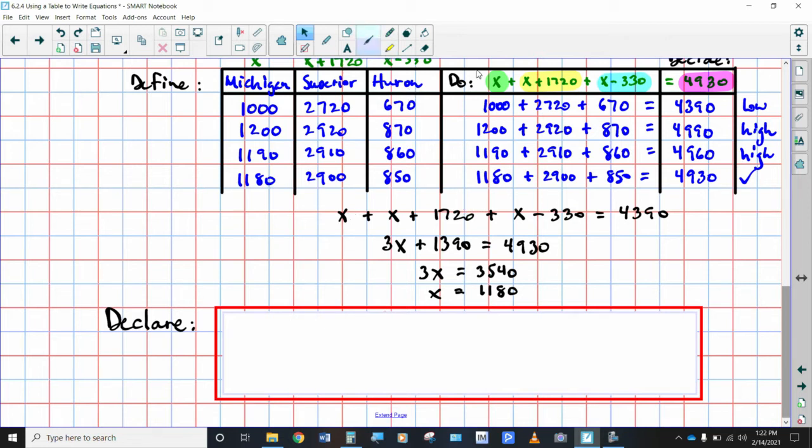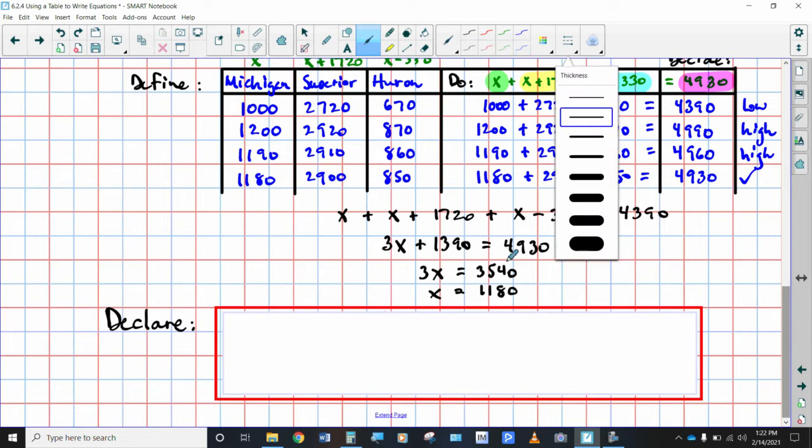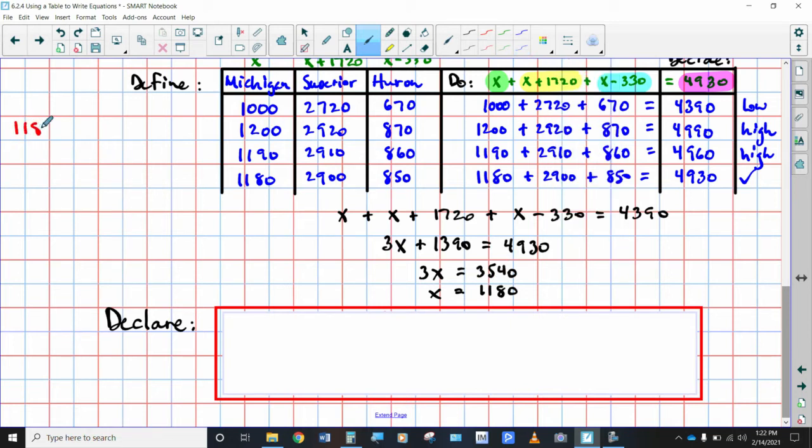So what we would do now, if we had not already done this step right here to prove that it's correct, you would want to go and check your definitions. We know Lake Michigan is 1180, right? That's what x is equal to. So when I add 1720 to that, because this is 1720 more than that, we would get 2,900 for Lake Superior.